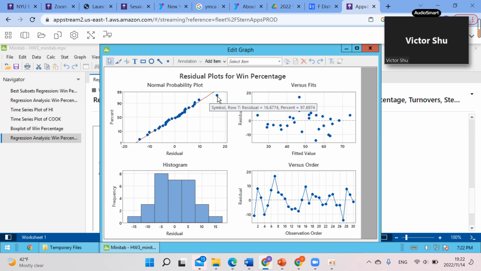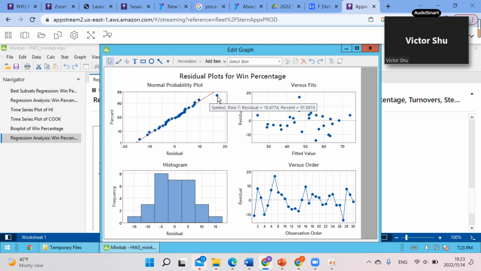on the normal probability plot, in the upper right corner, I have a point which Minitab shows is row 7, with a residual of 16.67. That is actually sort of an outlier that we just discovered. Row 7 is our 7th observation.